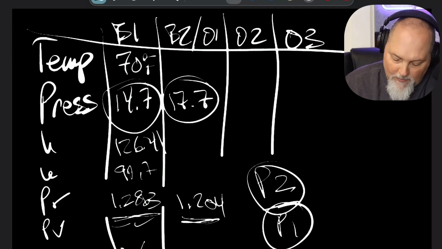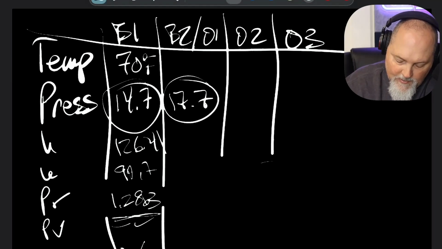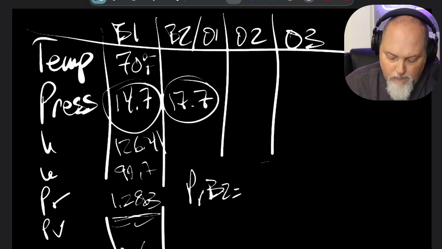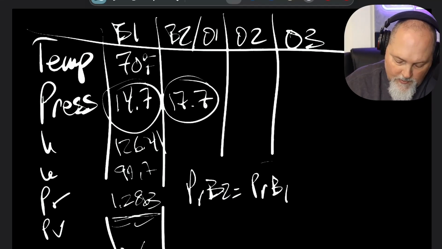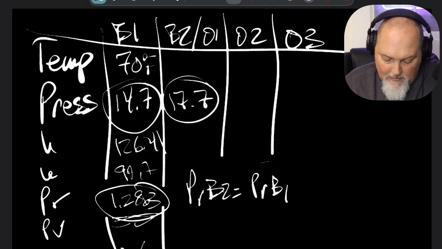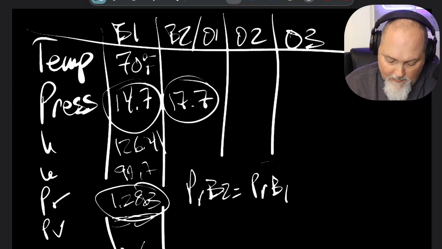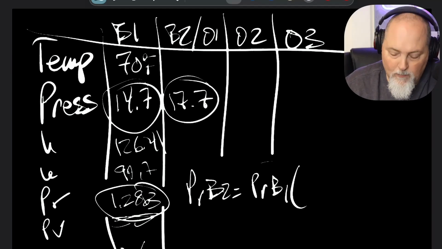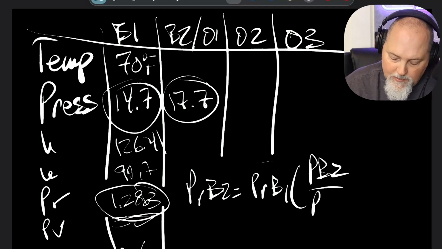1.204. So for pressure ratio B2, let's write out the equation: pressure ratio of Brayton 2 equals pressure ratio of B1, which is 1.283, times that 1.204, and 1.204 is pressure of B2 over pressure of B1.